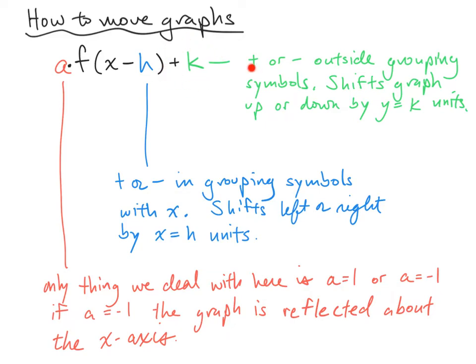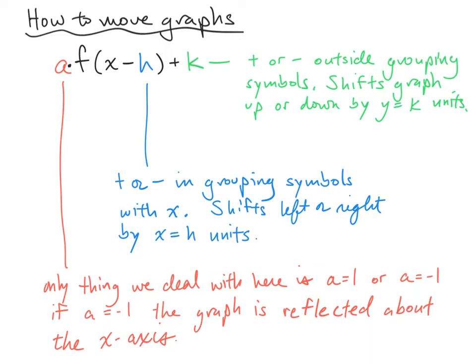So we can either add or subtract a number outside grouping symbols. So here's a set of grouping symbols. And you'll notice that the x minus the h is all inside a set of grouping symbols for the function. So if we can add or subtract outside grouping symbols, this will shift the graph up or down by y equals k units.